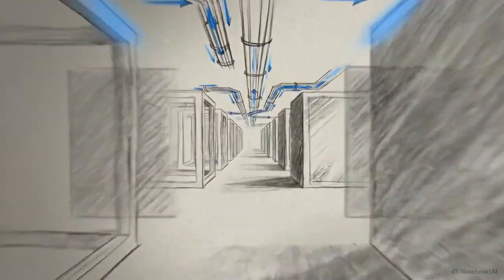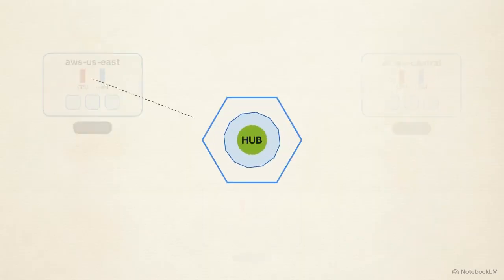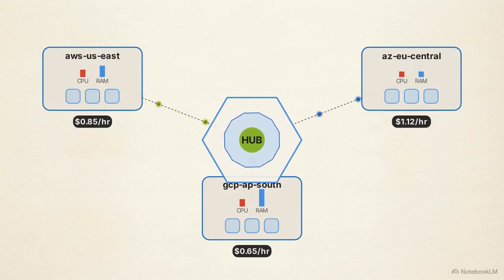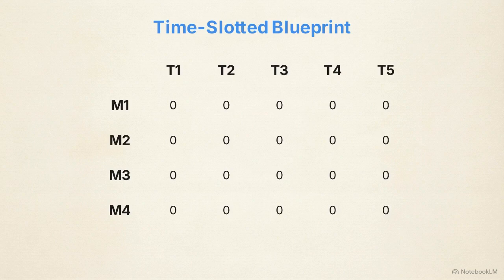Researchers built this as a deployable custom Kubernetes scheduler plugin rather than merely simulating the theory. The plugin continuously ingests live cluster telemetry, monitoring current resource availability and node pricing. When cost efficiency drops below a specified threshold, a heuristic algorithm fires to generate the optimal, time-slotted blueprint.